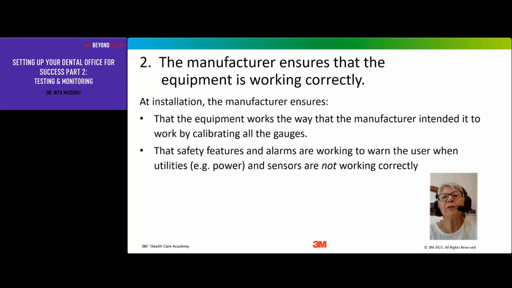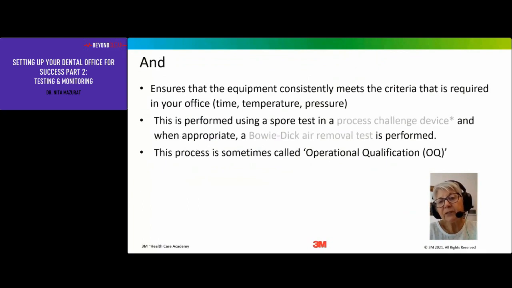They ensure that it works the way that the manufacturer intended it to work by calibrating all the gauges, that safety features and alarms are working, to warn you, for example, that you're short of water or that the electricity has gone off. So it's to warn the user when utilities or sensors are not working correctly. And it ensures that the equipment consistently meets the criteria that's required in your office for time, temperature, and pressure, because that's what sterilization requires.